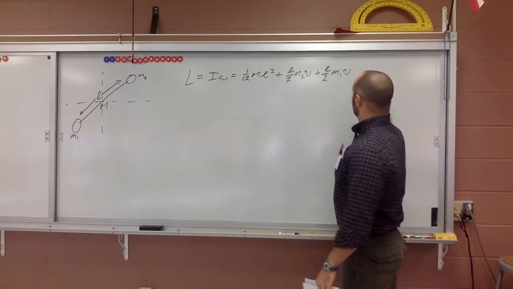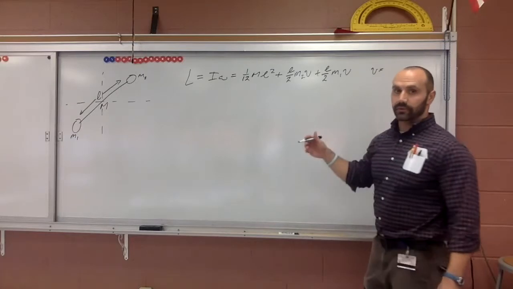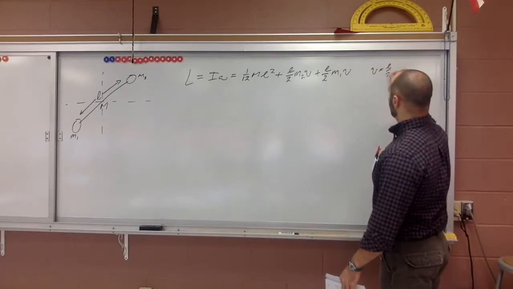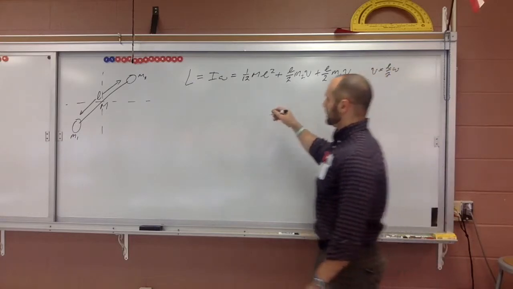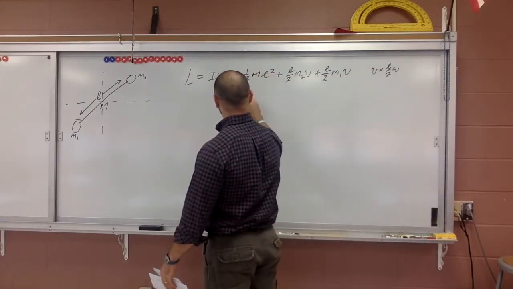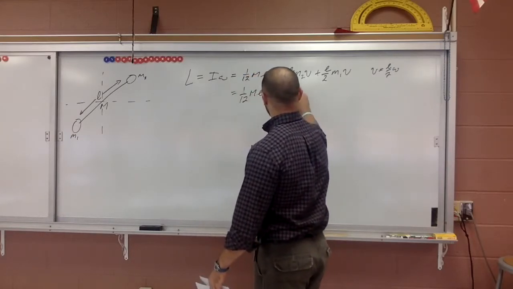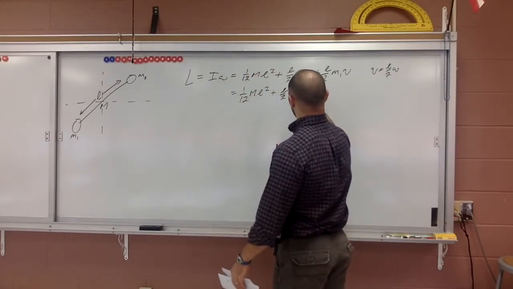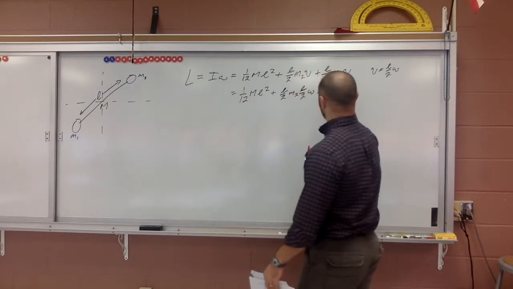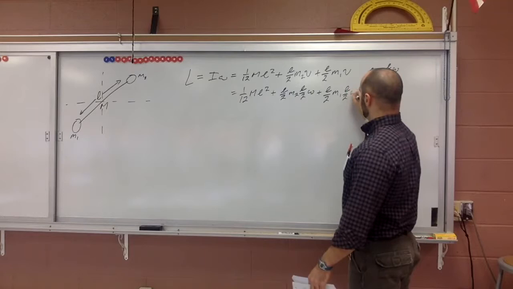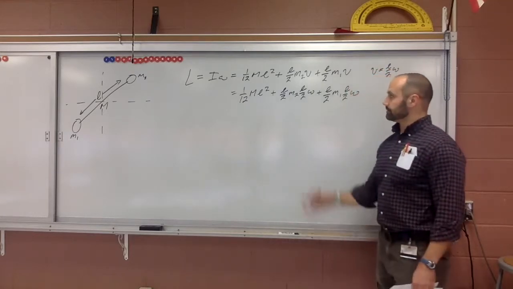But V is going to be the same for both. It'll be R omega, so L over 2 omega. So I can plug that in. I get 1/12 ml squared plus L over 2 m2 L over 2 omega plus L over 2 m1 L over 2 omega.